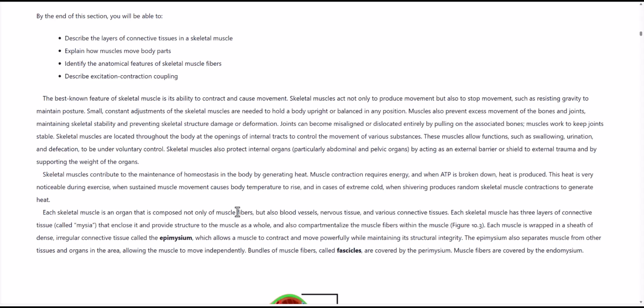And there's also, we're going to see, a fair amount of connective tissue that helps to bind a muscle together into the organ that we see. So let's now turn our attention to the three different layers of connective tissue. These can be referred to as the mesia or the mycia, you'll hear it pronounced both ways, that are going to provide the compartmentalization for the structure of the muscle cell.